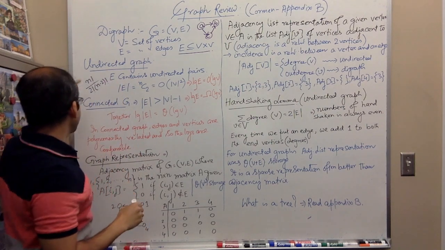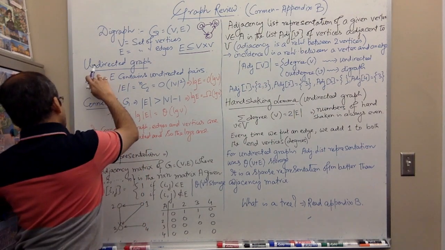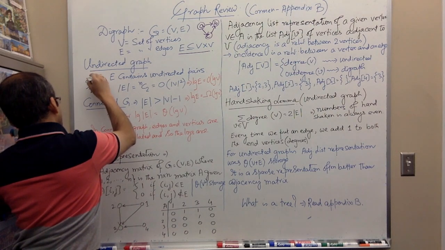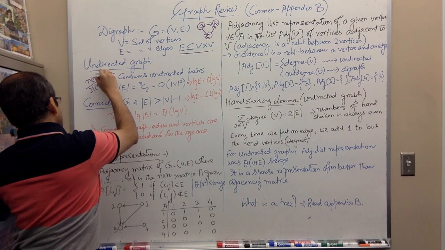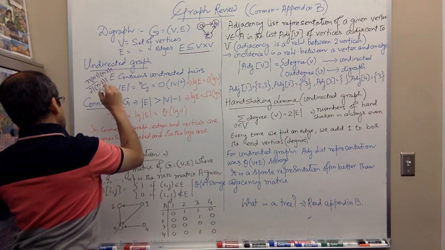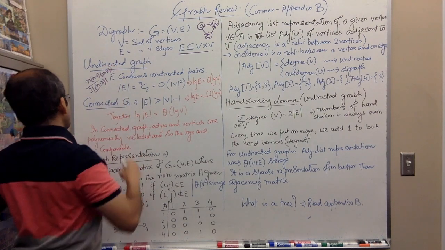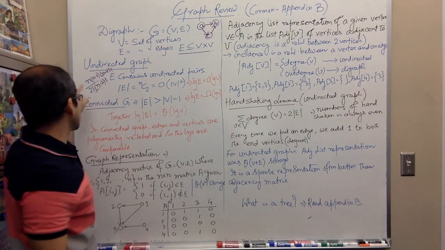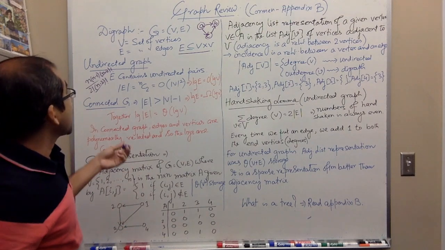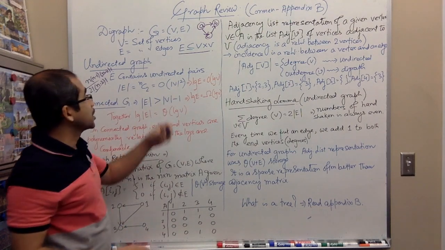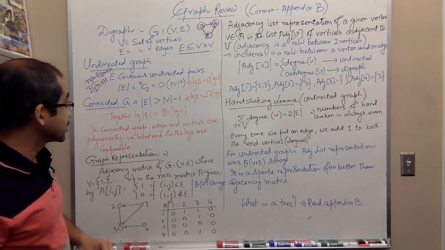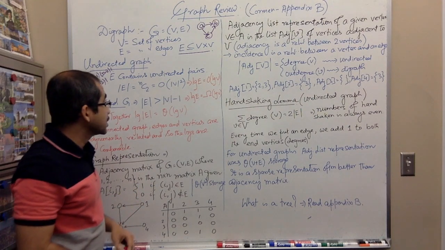This n factorial can be represented as n times n minus 1 times n minus 2 factorial, and then the 2 factorial cancels. So this is actually n times n minus 1 over 2, which is like n squared. For graphs, this is V squared input size.